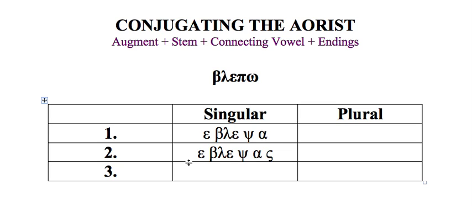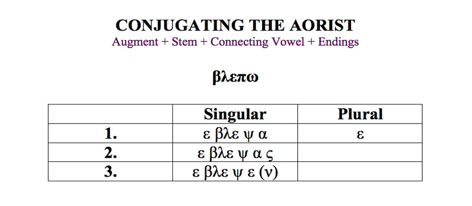From now on, I'm just going to go ahead and print ebleps instead of the P and the sigma separate. Third singular: epsilon for the augment, blep for the stem, but it combines with the sigma of the aorist, so ebleps, epsilon for our connecting vowel, and the movable nu.